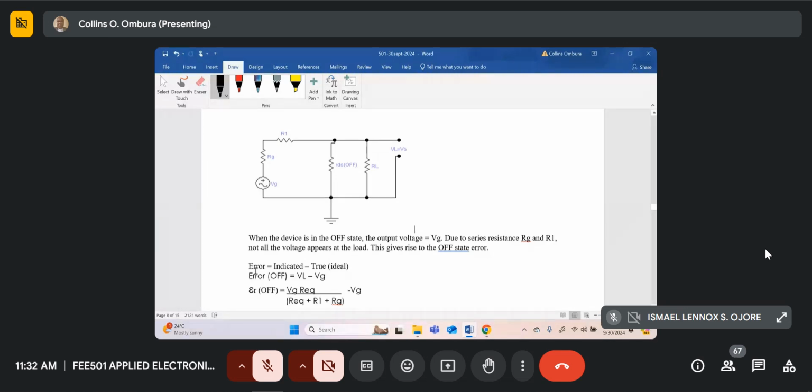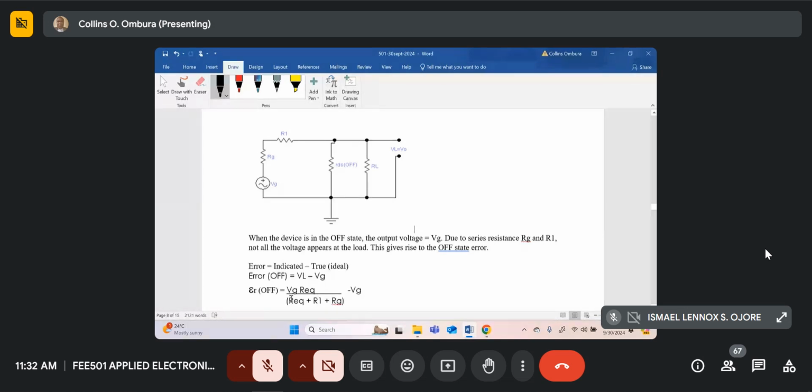So error is simply the indicated voltage minus the true value of the ideal voltage. And this error is called the error of the off-state, or simply, I'll call it error off. So error off is the voltage that appears at the output minus the ideal voltage.